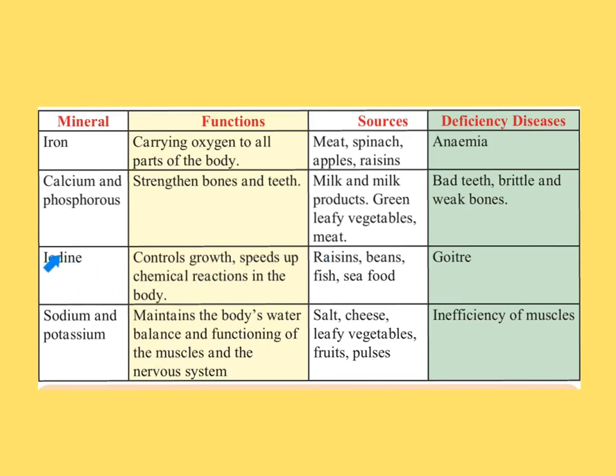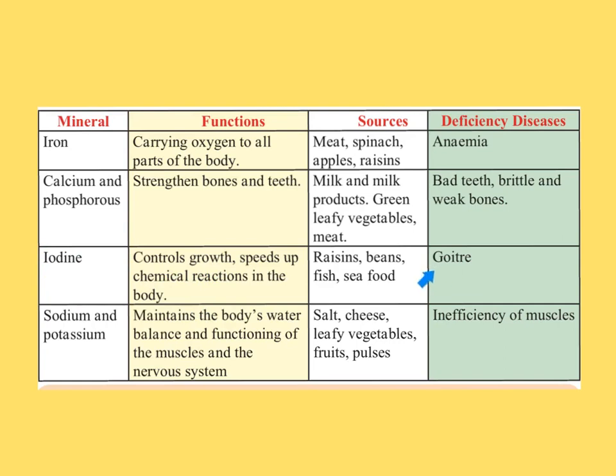Now let us see what will happen if we don't take enough quantity of iodine. Iodine helps the thyroid gland to work. The thyroid gland is in our neck. It helps our body to grow. So the function of iodine is it controls growth and speeds up chemical reactions in our body. But if iodine is not present in our body, then there might be abnormal growth.